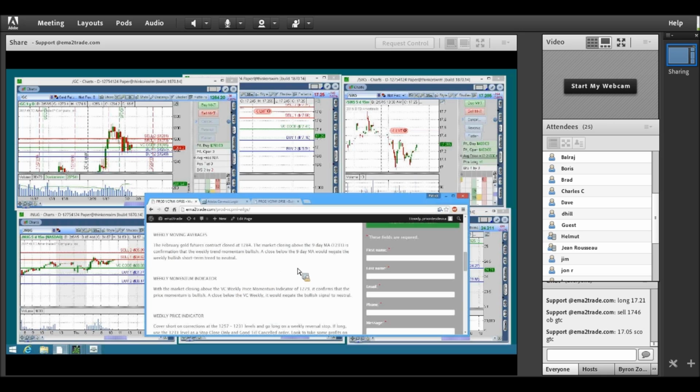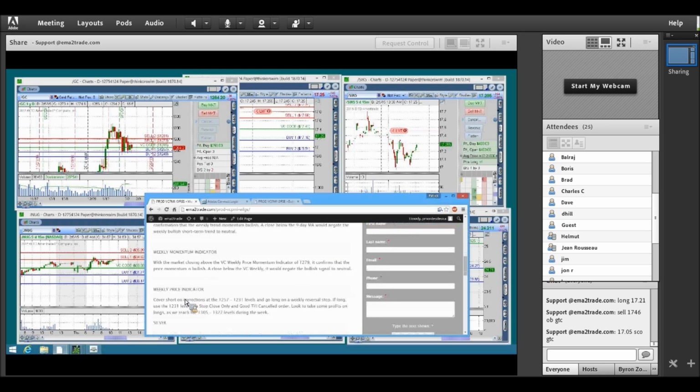And if it is negated, then it tells you to cover your short positions, and it gives you clearly the levels where to do it. It tells you here that if you short, cover your corrections at the 1257 to 1231 level and go long on a reversal stop.